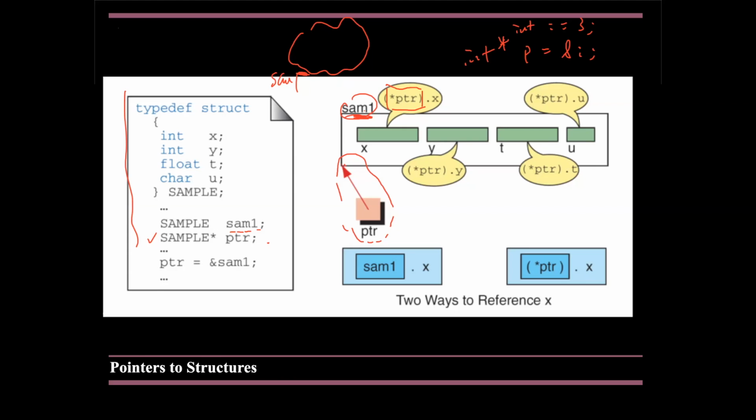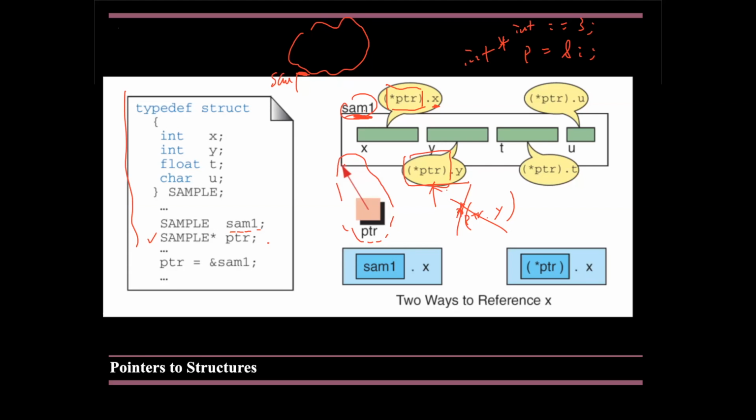Once you have the SAM1 object, we use this selection operator, this dot operator, to get the respective variable or field we need. We do the same thing with dereferencing the pointer and then dot y. We must remember to include the parentheses here. We don't want this PTR to dot into y and then dereference this entire thing. These are two different operations.